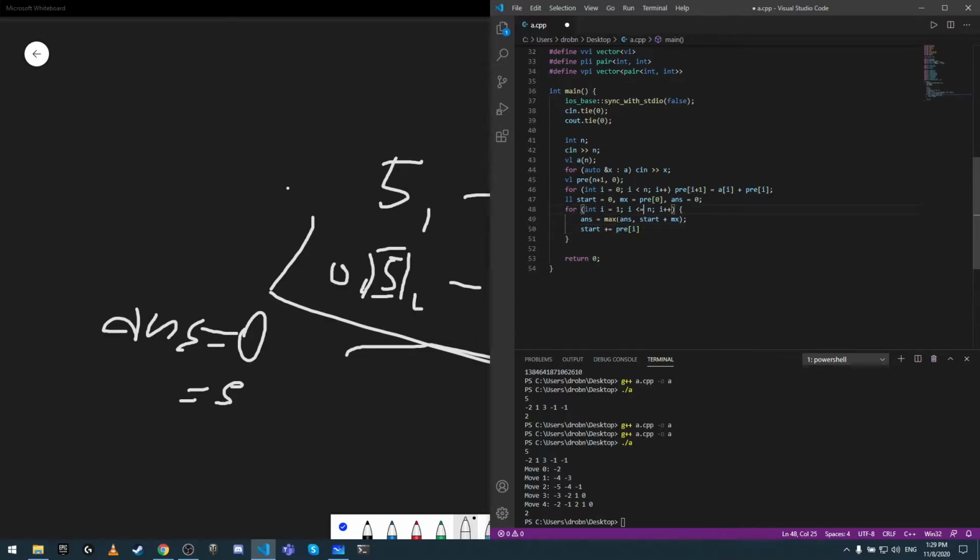Because we can get on the nth one, right? And then maximum equals max of maximum and pre i.